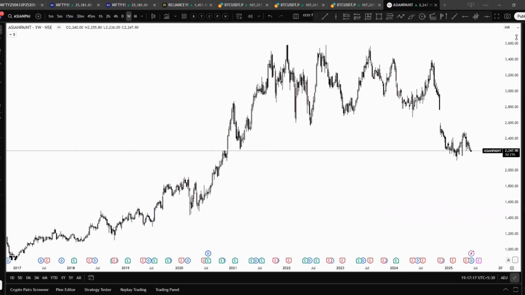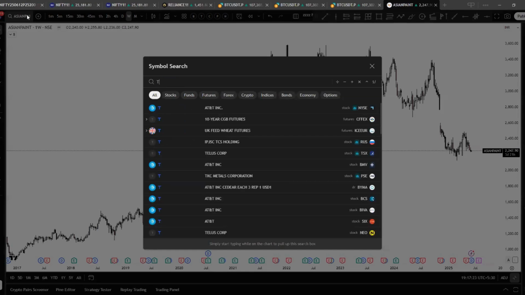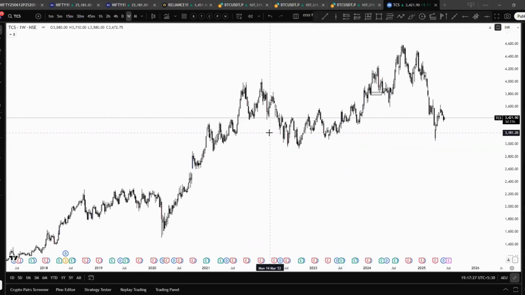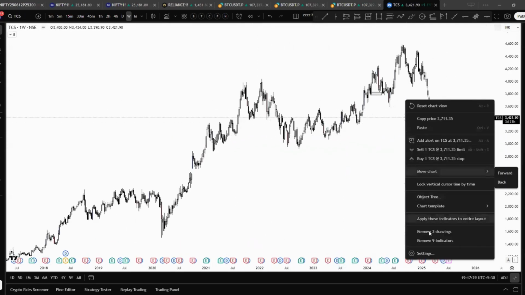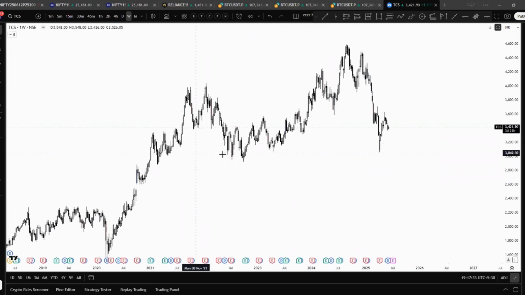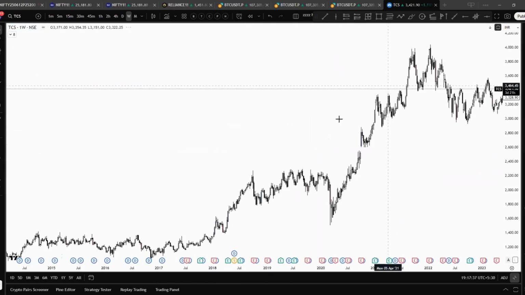There are multiple shares if you look for them. Some have a range on the daily time frame, or just weekly or something. TCS is one of the most widely traded shares. You can see on the weekly basis too, it's forming balances and all that stuff.